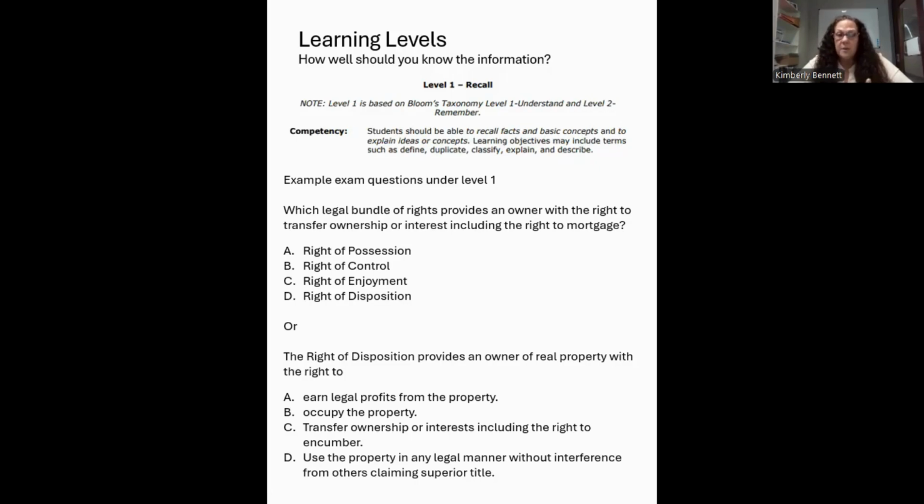Earn legal profits from the property, that's the right of control. So if you already know all those things, then you would easily know that C is the answer: transfer ownership or interest, including the right to encumber. Super simple. You can do it.